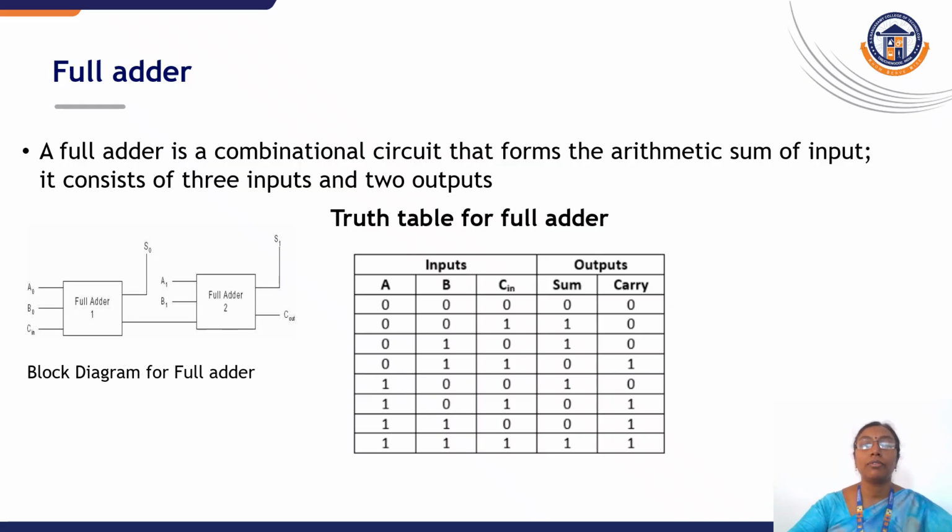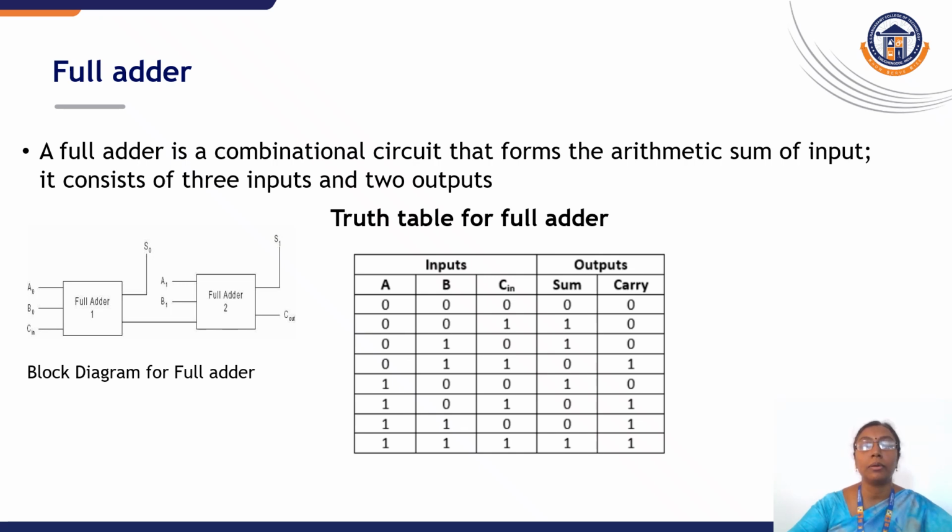So the truth table for the full adder, where the inputs are A, B and Cn, and the outputs are sum and carry. If we have 3 inputs, we can have 8 combinations from 0 to 7, and we are getting sum and carry. We need to add 2 bits, that is A and B will be initially added.